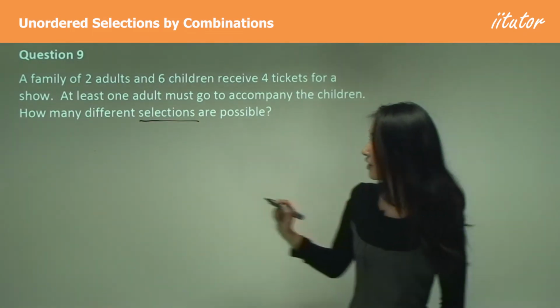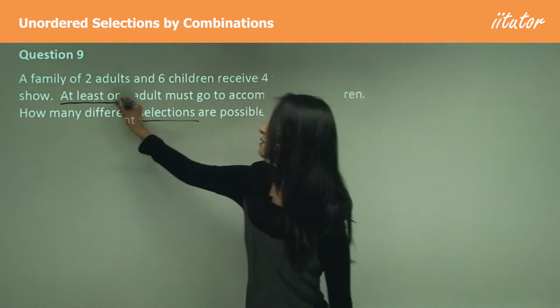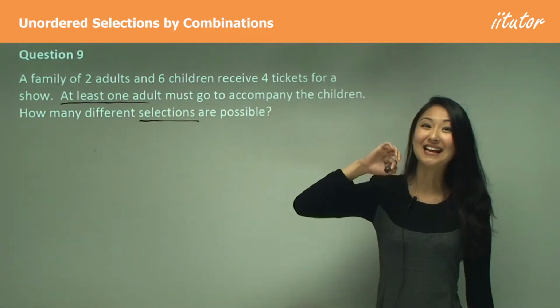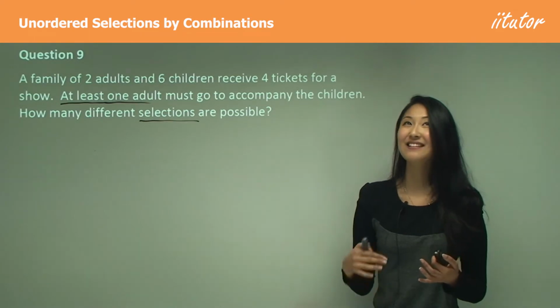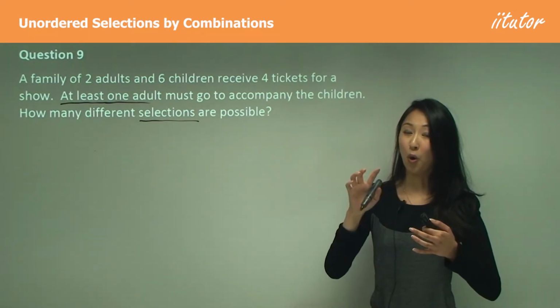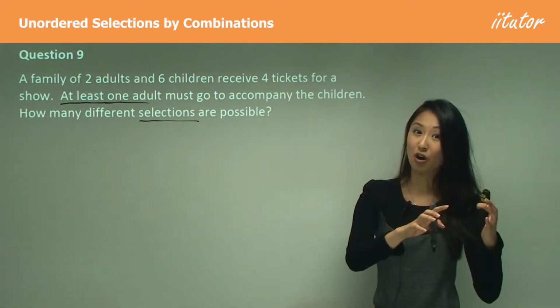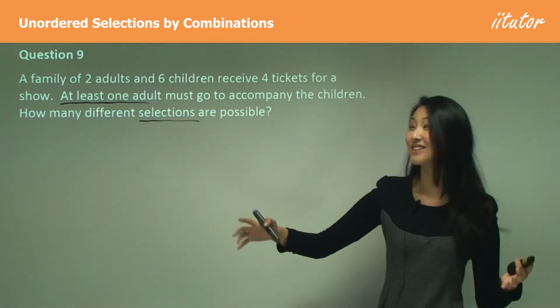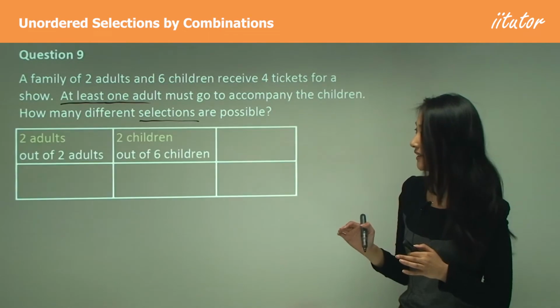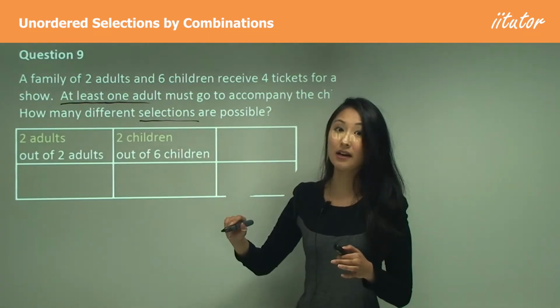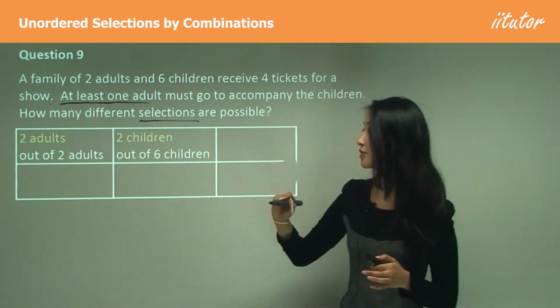The other notable word is at least one adult. When it says at least one adult, it should signify to you to think straight away, I'm going to be working with or. So it's going to be one adult or 2 adults, because it's at least one adult out of 2. So I need to consider when there's 2 adults going and when there is 1 adult going.